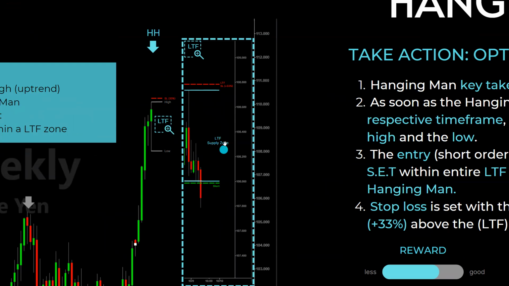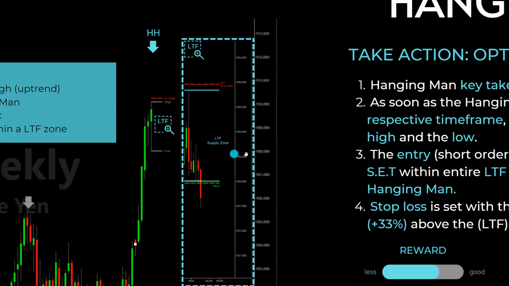This could be a high quality supply for you, which means we can short this one here. Look at this: your entry is around the weekly candle, around 110 is a distal. 110 is a distal right here. This is perfect.